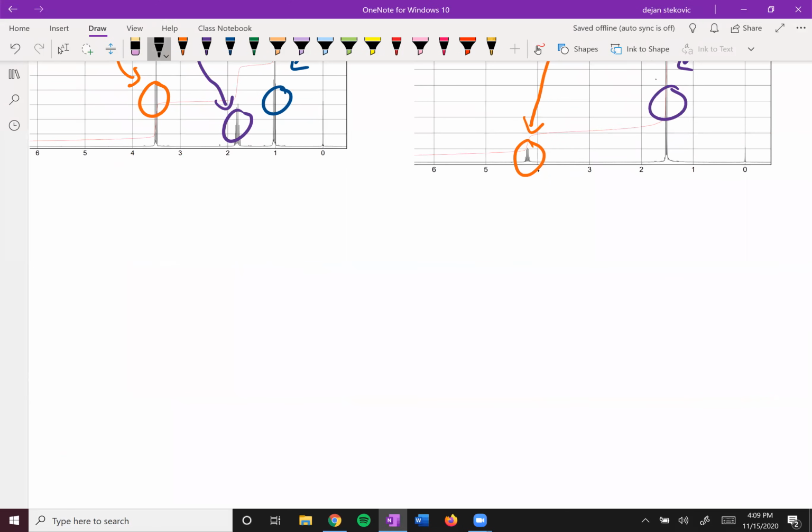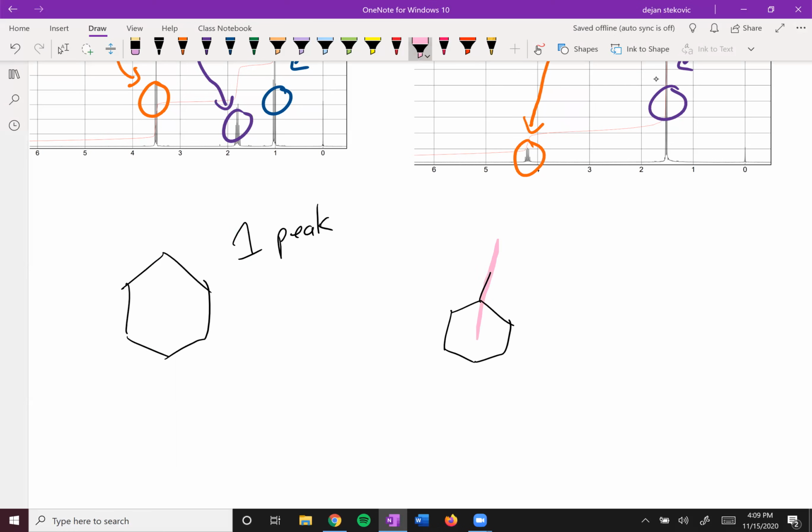Let's just run through a couple other examples. So here we have cyclohexane. If we think about it, this compound has all kinds of symmetry. And so what you'll actually see is just one peak here, assuming that you're at room temperature. What if we put a methyl on it? Try to pause the video and figure out how many peaks would show up now. Well, remember we have a plane of symmetry here.